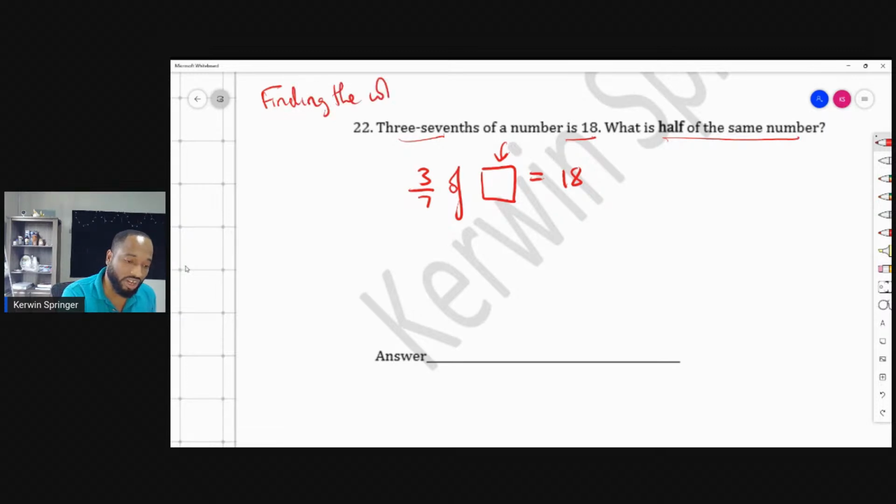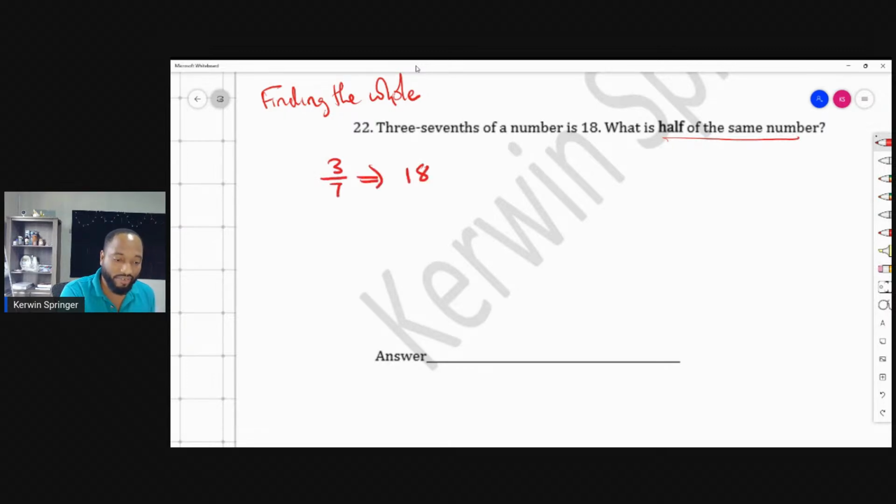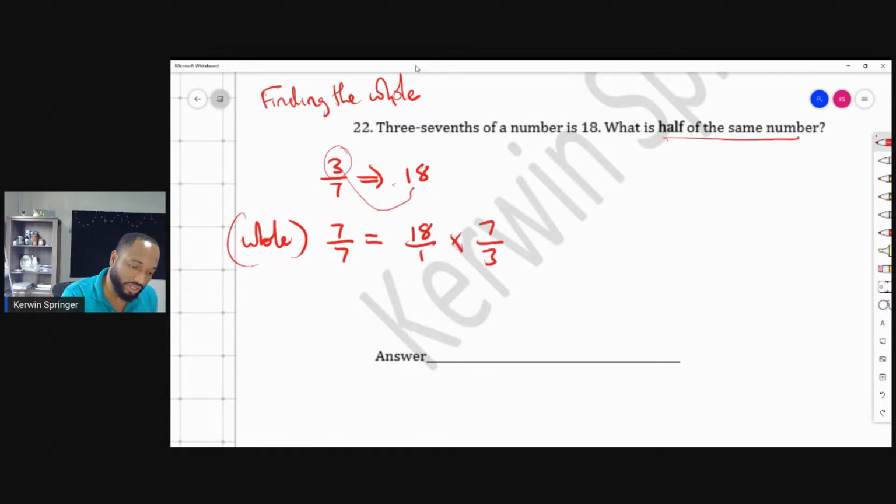If you have to find the whole, the technique is understanding how reciprocal, inversion works. 3/7 here is representing 18. To find the whole, the 7/7, it's going to be the inversion, because you'll need to divide this by 3 to find 1/7 and then multiply by 7 to find 7/7.